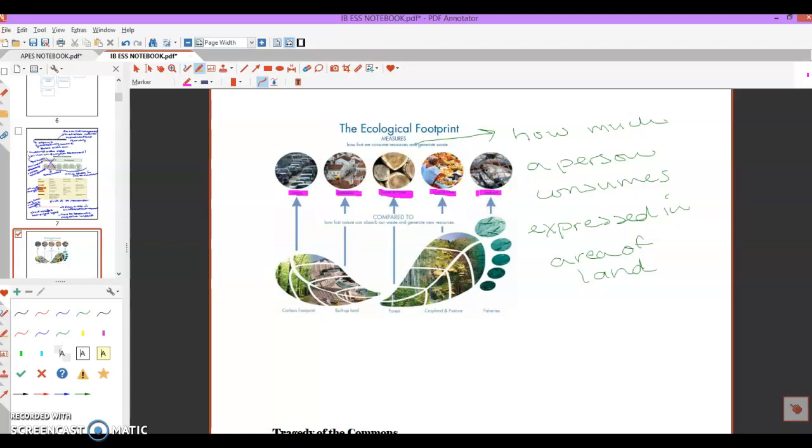Well, on a global scale, seafood is the #1 source of protein in people's diets because many of the most populated cities in the world are coastal regions. So they eat a lot of seafood. So again, this is something that is expressed in area of land. So you're going to calculate that. You're going to kind of digest that information and come up with ways that you can live a more sustainable life.